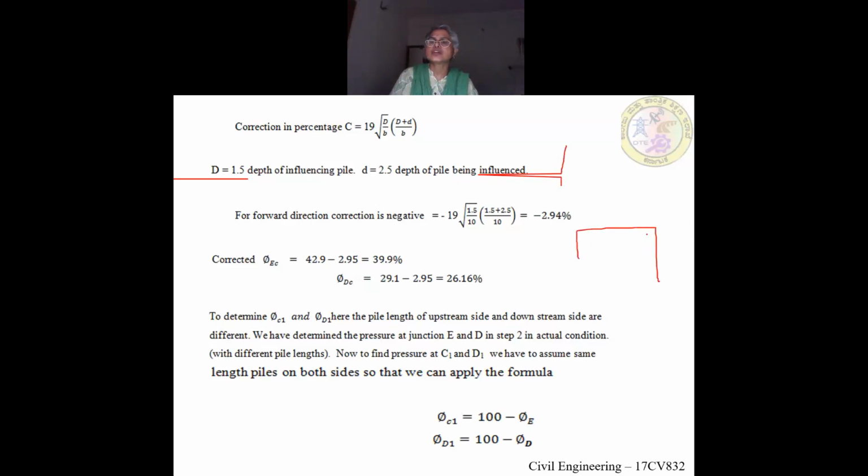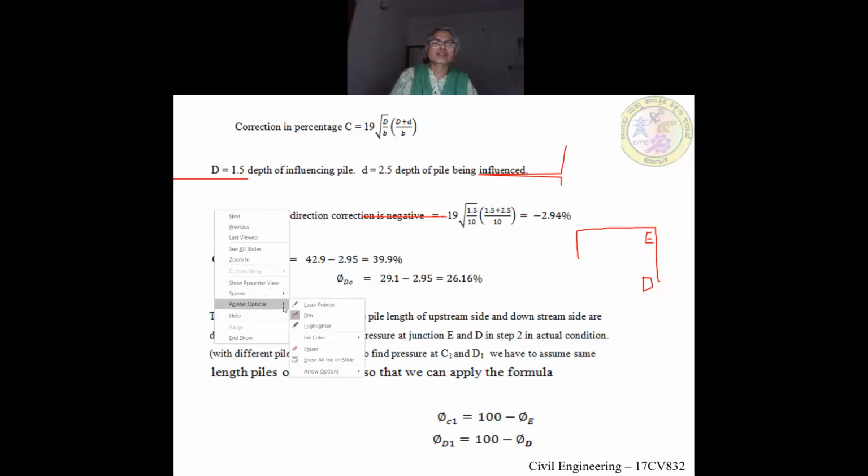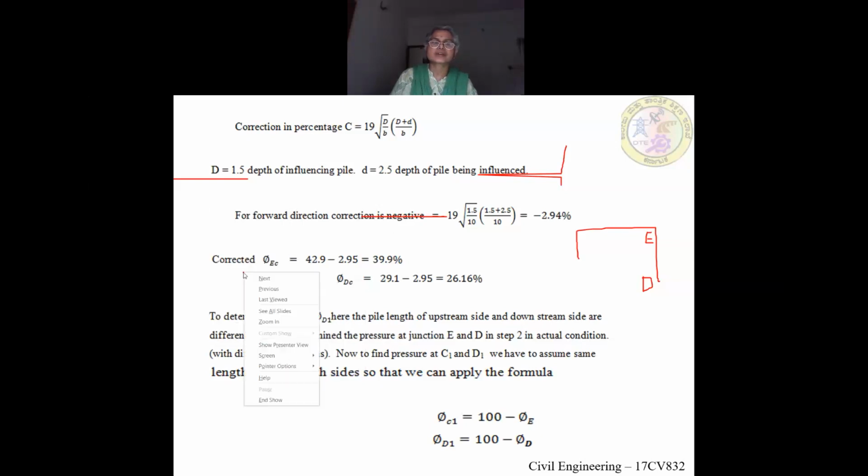You are making corrections for E and D. So this is the pile which is influencing this pile. Here this point is on the forward direction, therefore you have to make a negative correction. So I have taken a negative sign here. Negative sign has been considered.